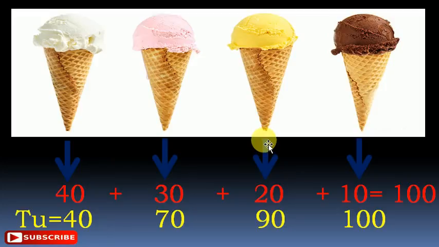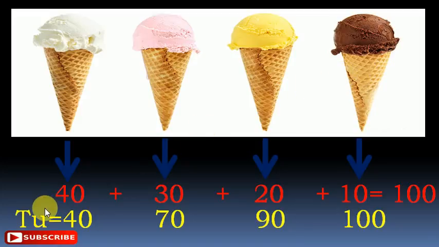When he consumes an extra ice cream, the total utility increases from 70 to 90 utils, and when the consumer consumes the fourth ice cream, the total utility increases to 100 utils. So we can say that as consumption increases, the total utility also increases. Here 40, 70, 90 and 100 utils are the total utility of the first, second, third and fourth ice cream.